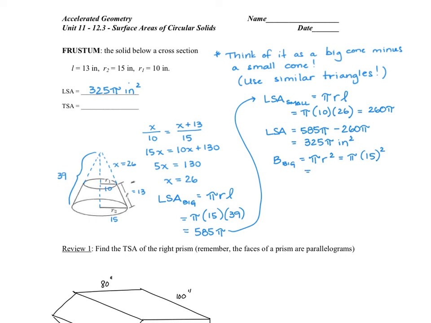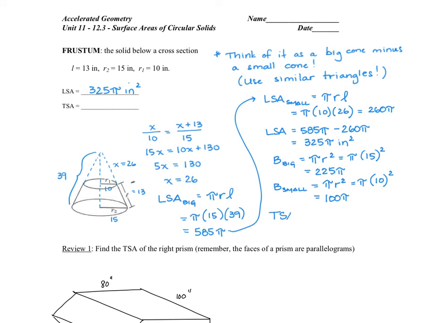The area of the base of the bigger cone is 225 pi. I'll need the base of the smaller cone because that's the top of the frustum. So again, pi r squared, where this time the radius is 10 for an area of 100 pi.